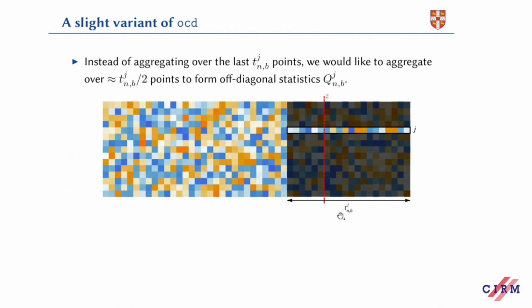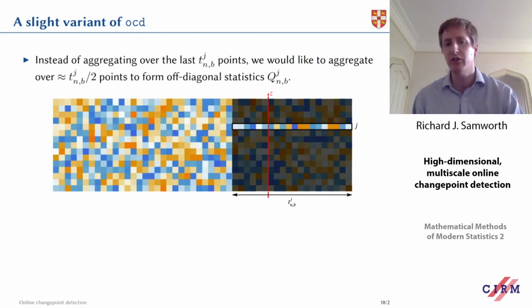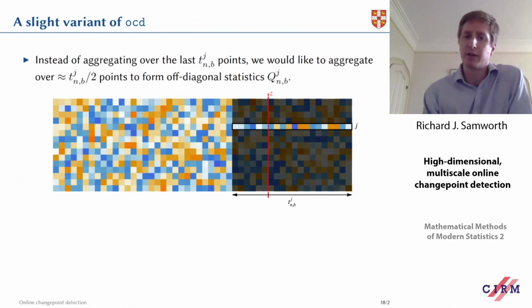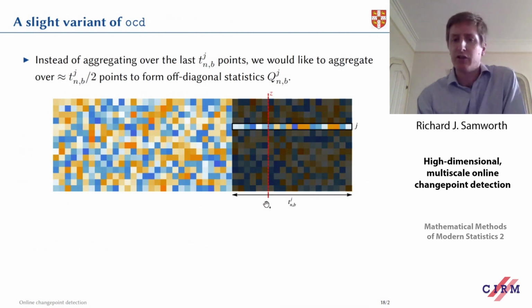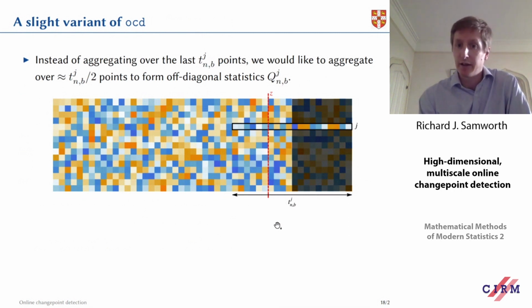The idea to get around this problem is to only aggregate over about half, or say 3/4, of the length of the tail. That means that instead of increasing by 1 each time, we're only increasing by something less than 1, and so eventually we will only be aggregating over post-change observations. That would look something like that.